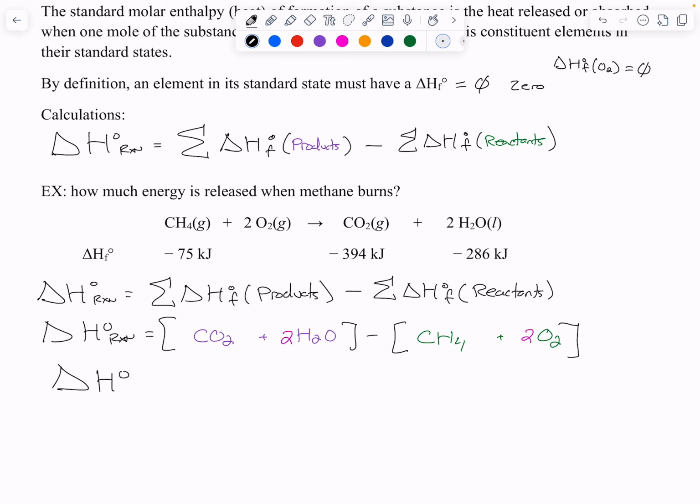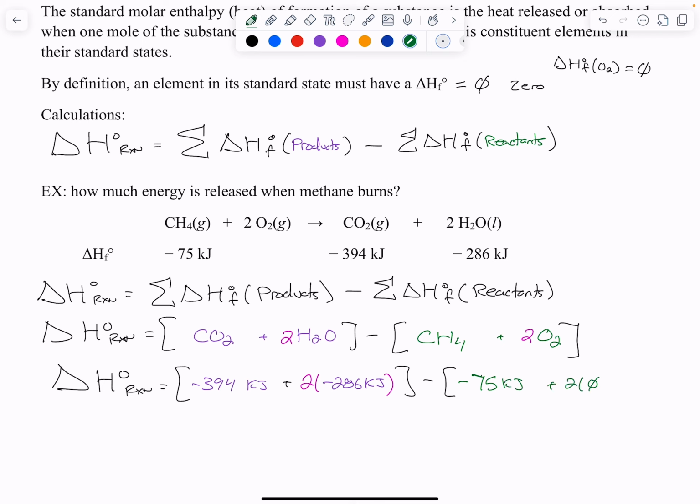Delta H, CO2, negative 394 kilojoules, plus 2 times negative 286. CH4, negative 75, plus 2 times 0.